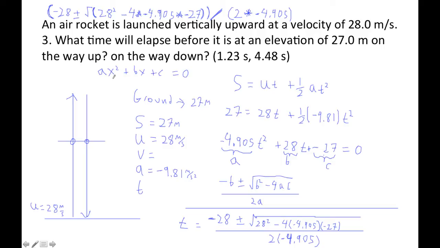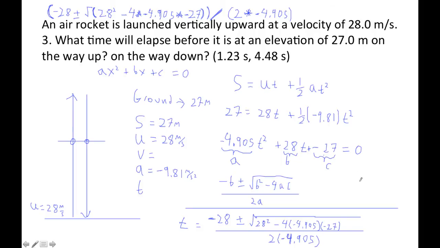I'm going to go plus first, and then I go square root, left parenthesis. On this calculator I actually have to type the left parenthesis. 28 squared, minus 4 times negative 4.905 times negative 27. Right parenthesis, I'm ending that one. Right parenthesis, now I'm done with the numerator, divided by parenthesis 2 times negative 4.905.